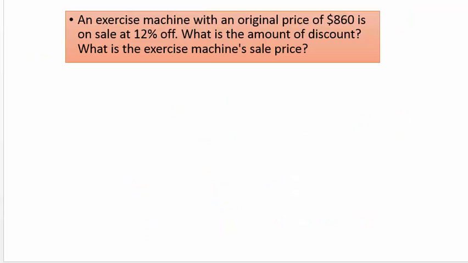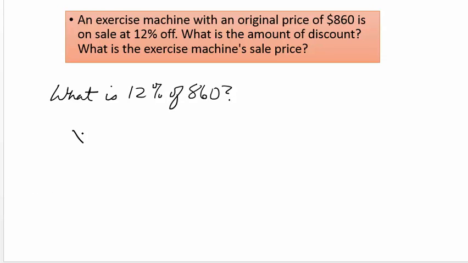Alright, now let's go into some applications of percents. An exercise machine with an original price of $860 is on sale at 12% off. What's the amount of discount? Well, isn't that the same as saying this? It's asking what is 12% of 860.